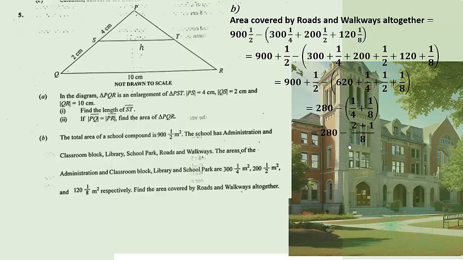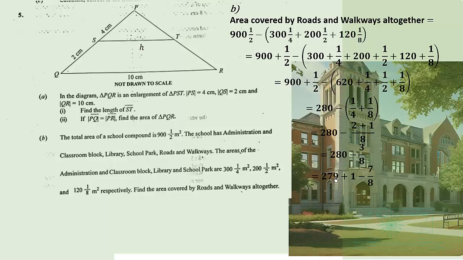So here we can simply simplify this. LCM is 8, and then you are done. But there's a negative value here, so we can still borrow 1 from the 280.